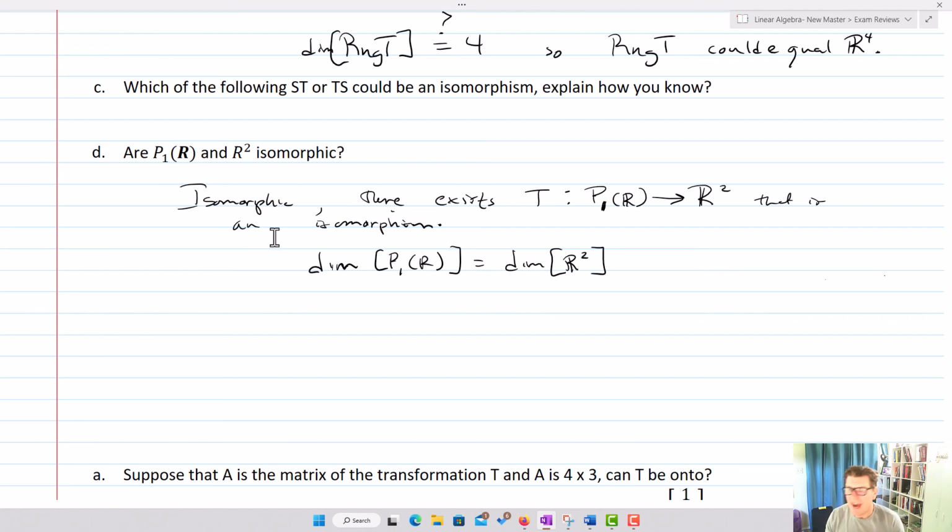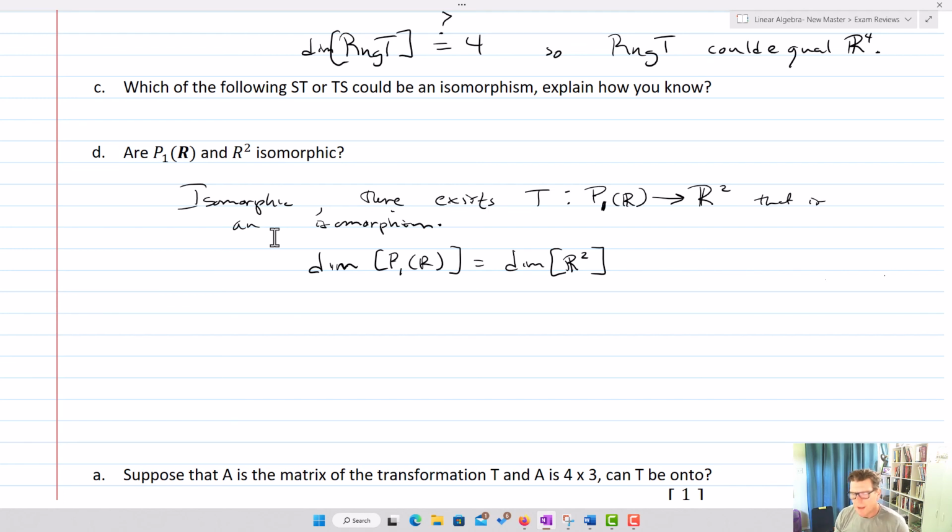The reason is what we talked about a little bit above: if their dimensions are not the same, then either the transformation will never be onto or it will never be one-to-one. Consequently, in order to have an isomorphism, the dimensions of the input space and the output space have to be the same, okay?